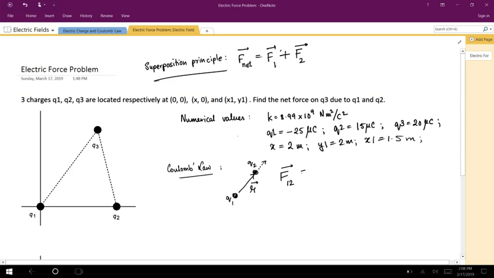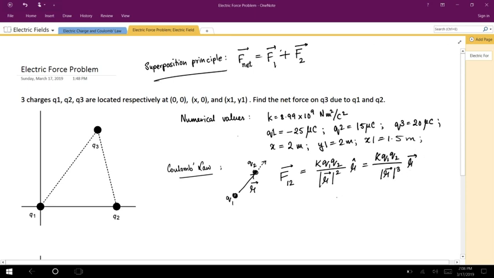This vector quantity is going to be equal to K Q1 Q2 divided by the magnitude of r squared times r hat. Or you can also write this as K Q1 Q2 divided by r cubed times r vector itself. Okay, both are correct notations.